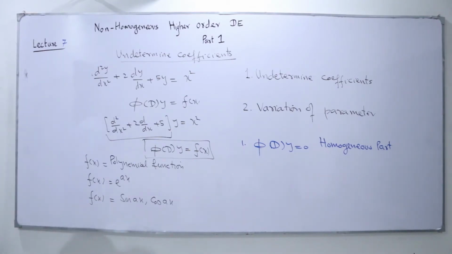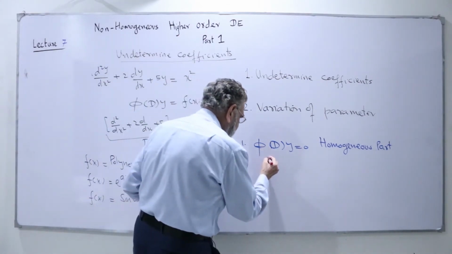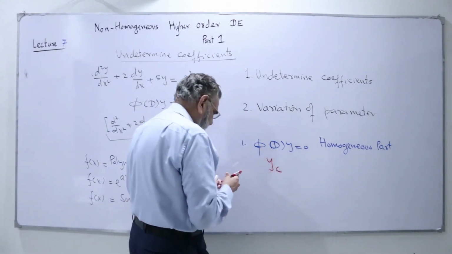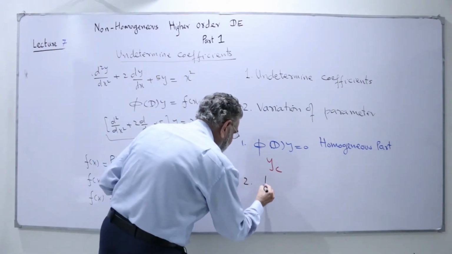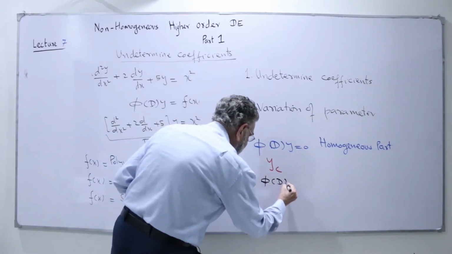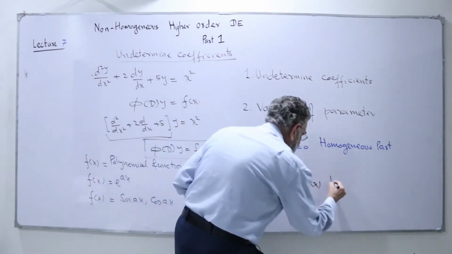The second part of our problem will be the non-homogeneous part. This is due to f of x. The solution of the first part we call yc. The second part is the solution which is going to satisfy the whole differential equation, and that we call the particular solution.